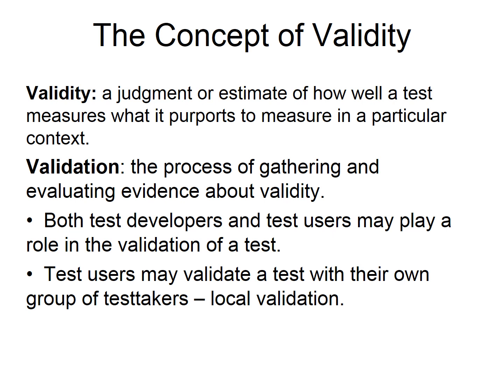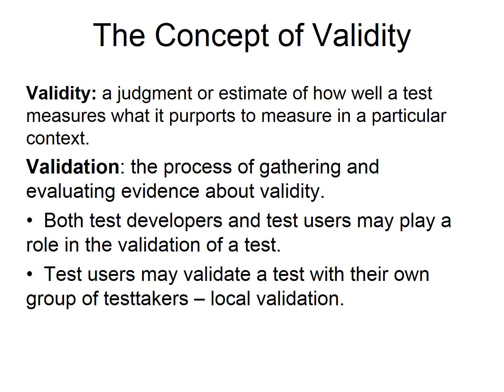Test users may also validate a test with their own group of test takers, often referred to as local validation. So for instance, if you buy a measure that is meant to be a reading test that has been validated with a national sample, if you start applying it to a small rural sample, you may want to make sure that the test is actually valid for what you're using it for.